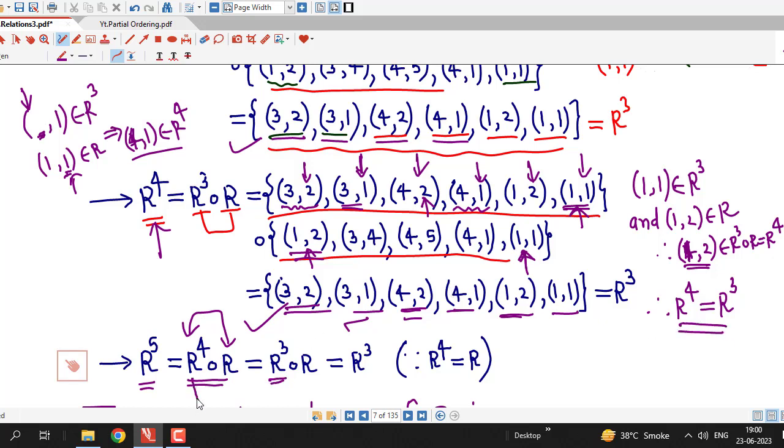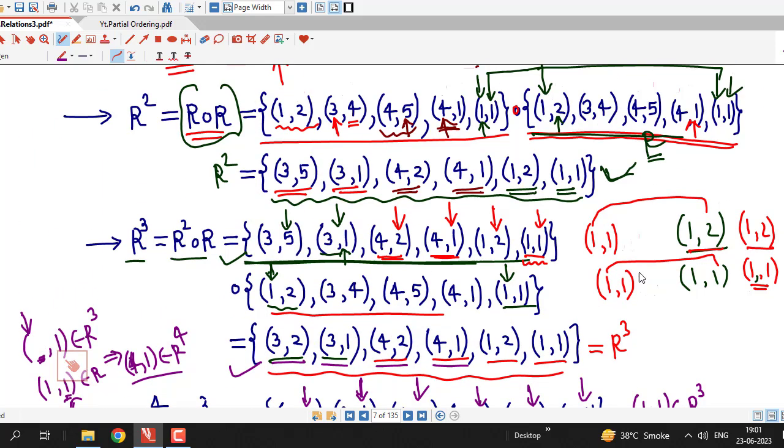So I replace this R4 by R3, and R3 composite R is again R4. R3 composite R is nothing but R4, and R4 is R3. So R5 is also R3. R4 and R5 both are equal to R3, because R5 is the composition of R4 and R, and R4 is nothing but R3, and R3 composite R is nothing but R3.